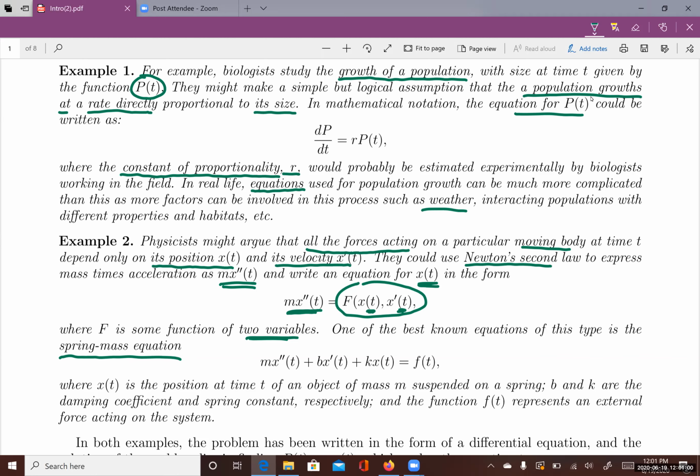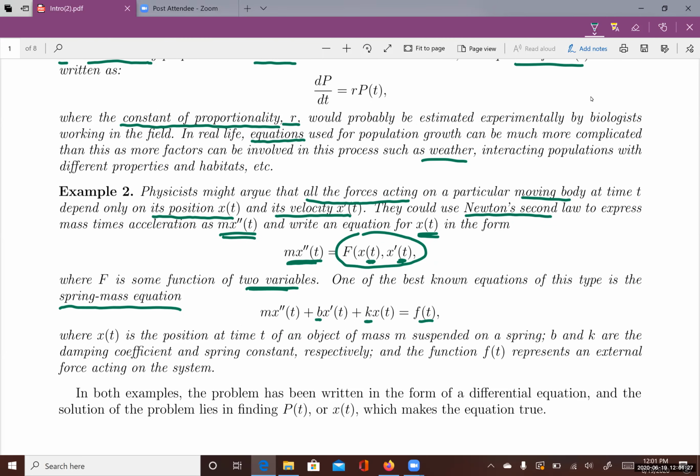B and K here are constants. B is the damping coefficient, and K here is the spring constant. Again, this is the spring mass equation. And the function f of t is an external force that applies on the system. Again, x of t, in this case, is the position of the spring at time t.